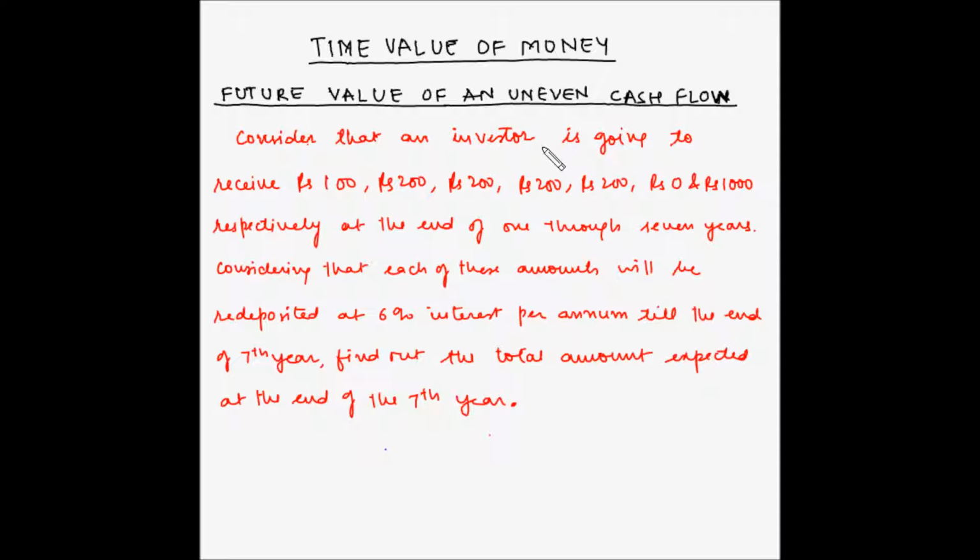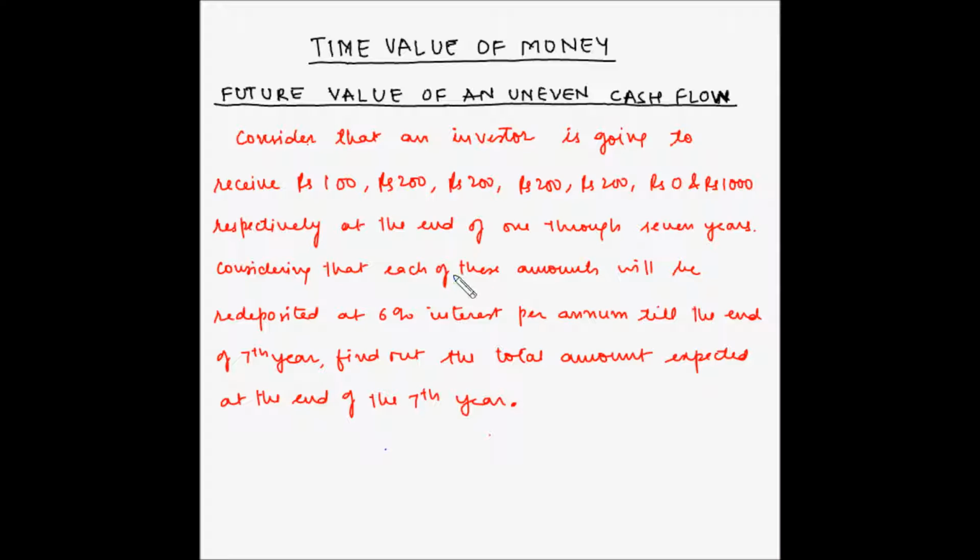Welcome to another example of time value of money, where we will look at how to find out future value of an uneven cash flow. Consider that an investor is going to receive rupees 100, 200, 200, 200, 200, 0 and 1000 respectively at the end of 1 through 7 years.